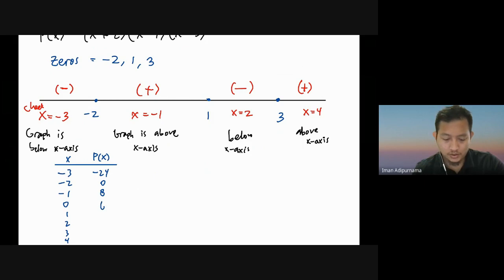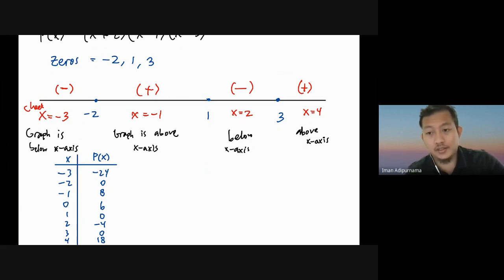So plug in 6, 0, -4, 0, and 18. So at least from this and from what we have tested for the signs, we can get the idea of how the graph will look like.